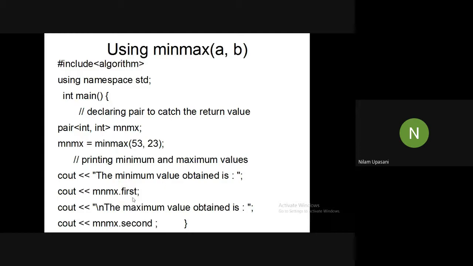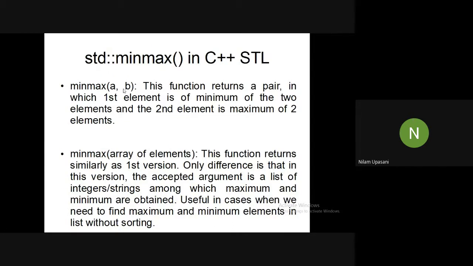First we display the minimum value and later the maximum. So this is about the min max algorithm. Like that is what you need to understand in all the algorithms which are available in STL.